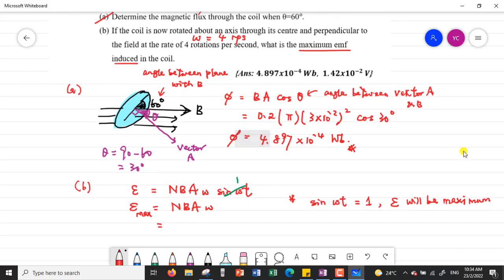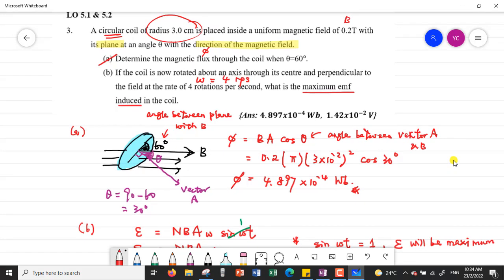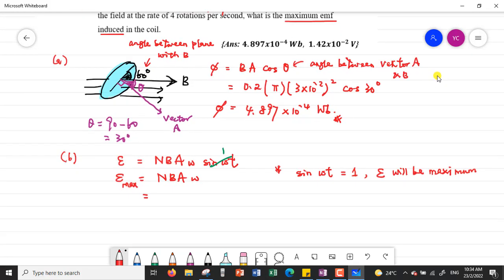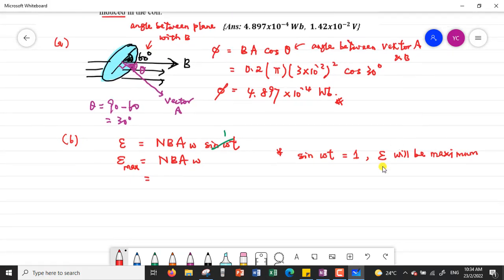If we refer back to the question, for a circular coil the number of turns is 1. The magnetic field strength is 0.2. The area is pi r squared. Then the omega.